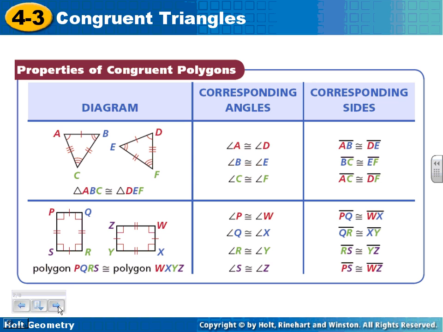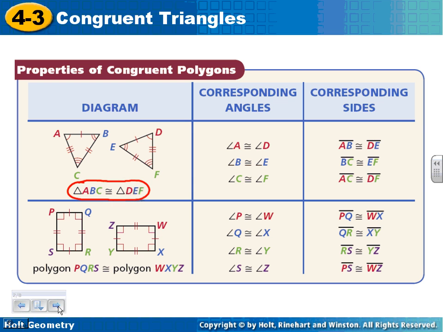Well, if you look at the next chart, properties of congruent polygons, let's just concentrate on the first one. This right here that I'll circle is called my congruent statement, and it reads triangle ABC is congruent to triangle DEF.